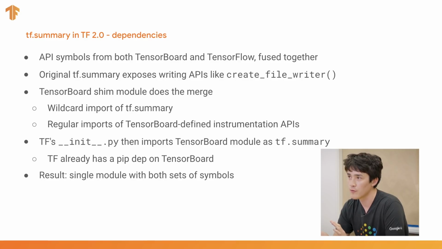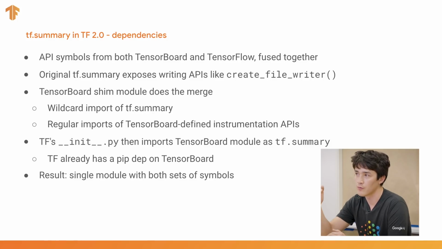So the dependency structure for tf.Summary in TF 2.0 is a little bit complicated. The actual Python module contains API symbols from both TensorBoard and TensorFlow fused together. But because the TensorBoard symbols also depend on TensorFlow, this creates a complicated dependency relationship.